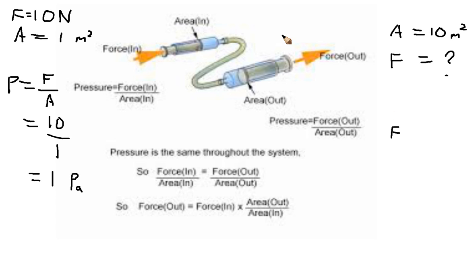So let's do our triangle. Force goes in the top because it was on the top of the formula. And the bottom two, it doesn't actually matter which way around they go. Alright, so force is actually equal to pressure times area.